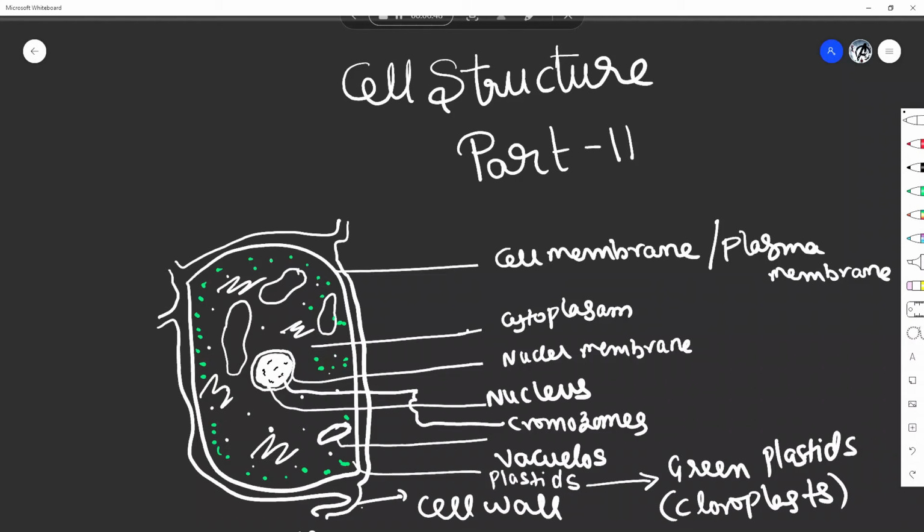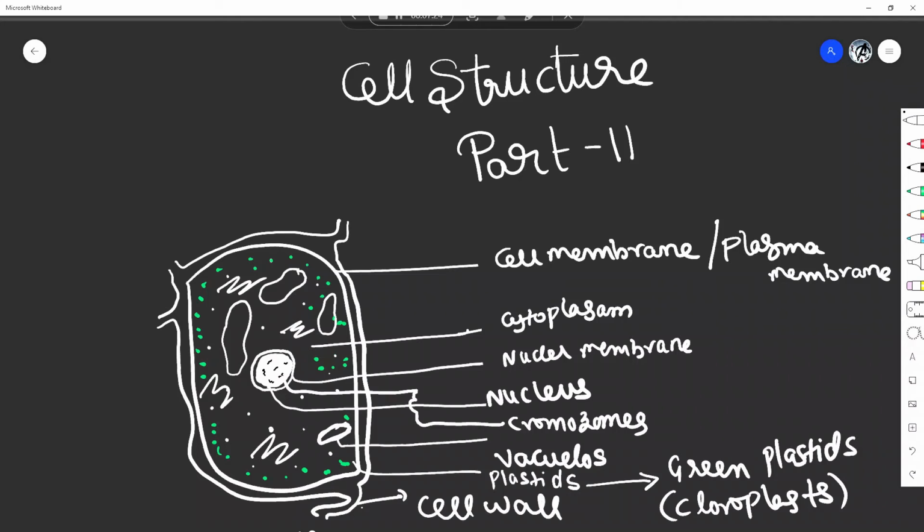This nucleus is a round, black-colored substance present in the center of the cell, surrounded by a membrane or outer cover called the nucleus membrane, right? This nucleus membrane also allows the flow of substances from cytoplasm to the nucleus and nucleus to cytoplasm. And there are small thread-like structures inside the nucleus called chromosomes, right?